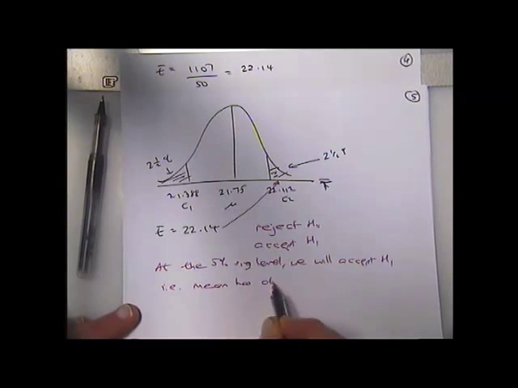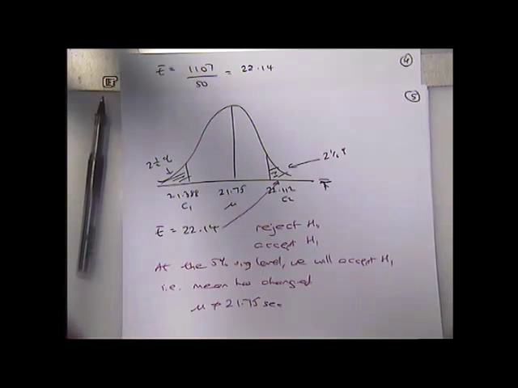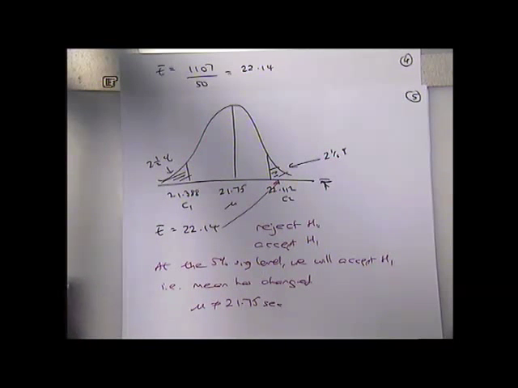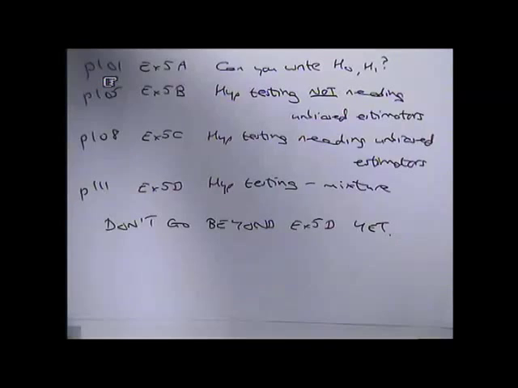The mean has changed, which means mu is no longer equal to 21.75 seconds. Now that might be a good thing, or it might be a bad thing. It depends whether a time increasing is a good thing in our study or a bad thing. But that's a conclusion that we've reached about our lab rats in a new environment.